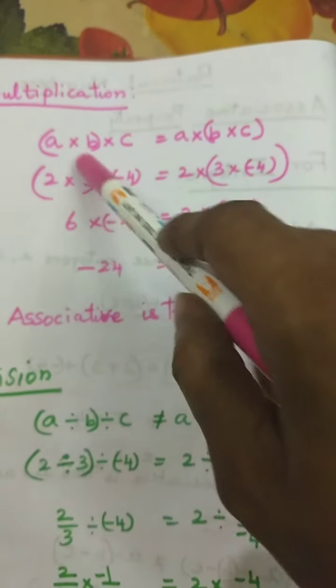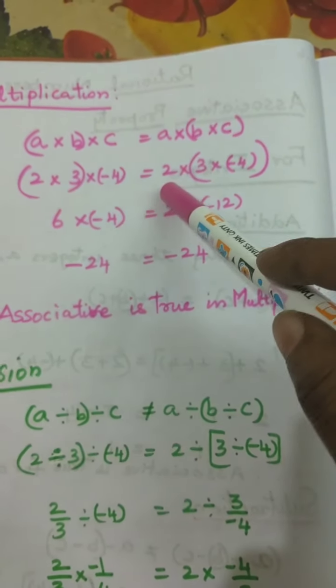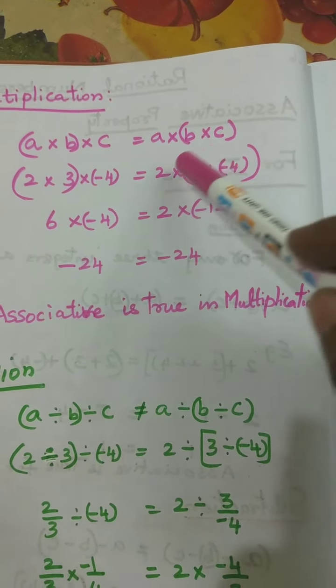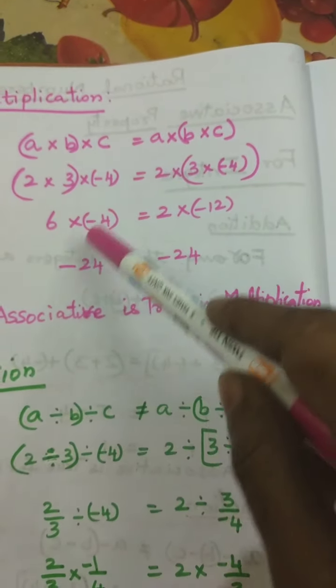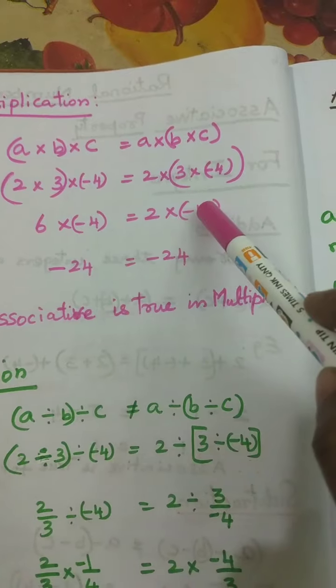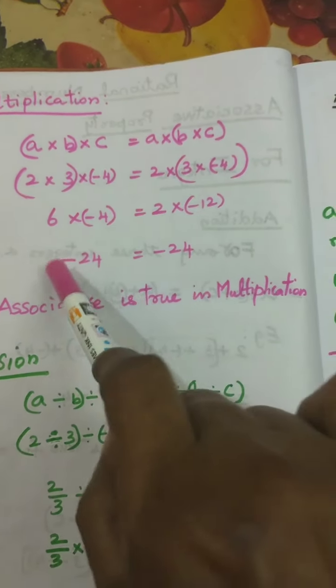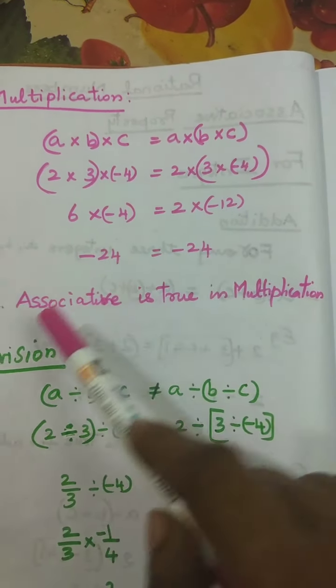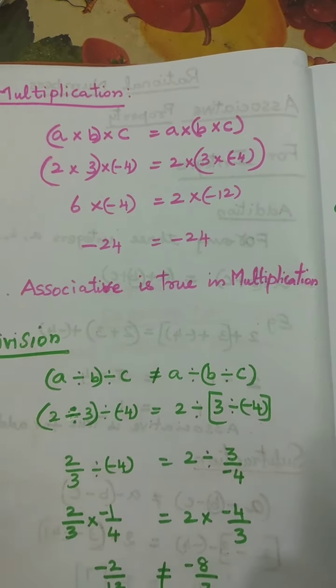First you remove the bracket. 2 threes are 6, then 6 times minus 4. Then 3 fours are 12, so 2 times minus 12. Now 6 fours are minus 24. Here 2 twelves are 24, that's also minus 24. So both the sides are equal. So associative is true in multiplication.